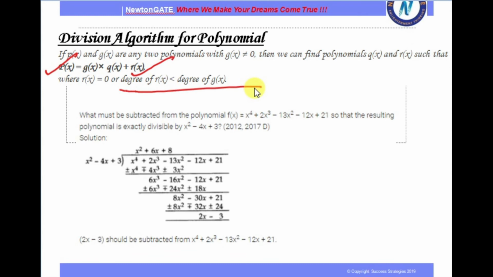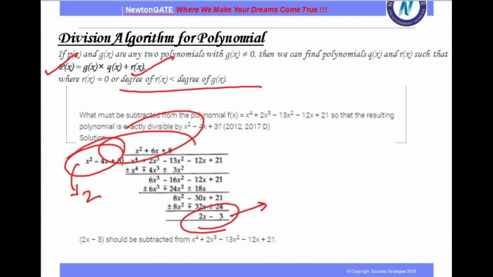The degree of the remainder must be less than the degree of your divisor. As you can see, the degree here was 2. We can continue the division until the degree of the remainder becomes less than 2. Once it becomes like that, the end product will be our remainder, and whatever is on the top or in the side will be our quotient.